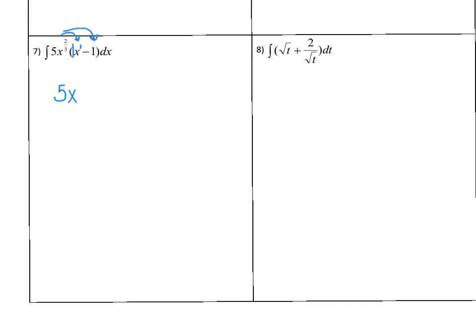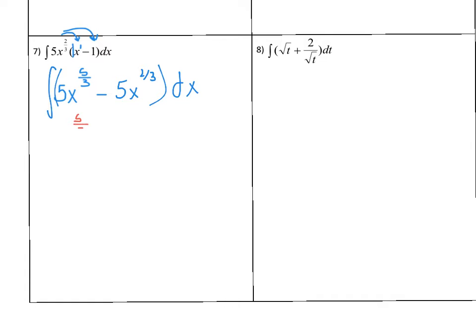So 5x to the 5/3 minus, and then we're just going to multiply 5x to the 2/3 times -1, which is negative 5x to the 2/3. And we want to take this antiderivative of those things. So again, same thing as we've been doing before, add 1 to the power and then divide by that number or multiply by the reciprocal.